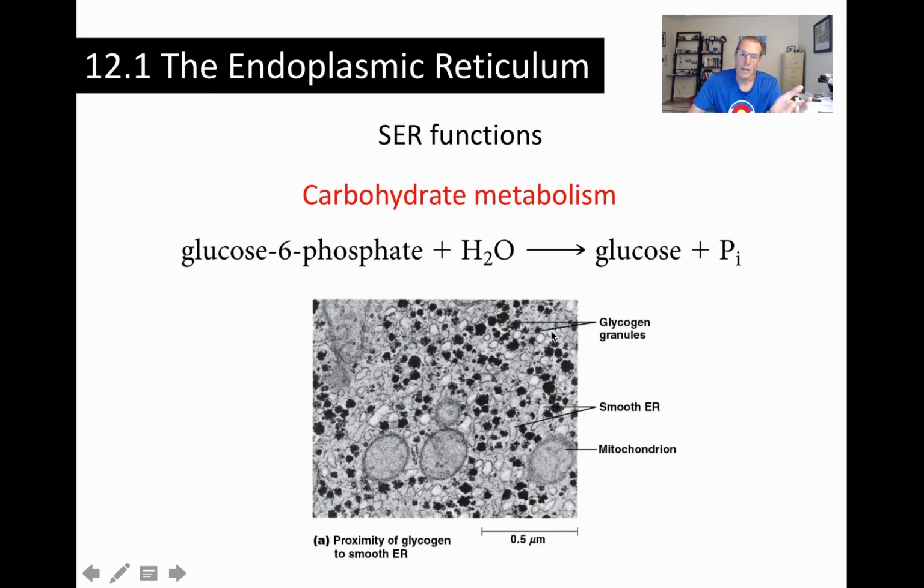So in liver cells, you'll see a decent amount of smooth endoplasmic reticulum and a lot of glycogen granules, and if the body needs glucose, then the liver can liberate that using glucose 6-phosphatase. You often see a close apposition of the glycogen granules to the smooth endoplasmic reticulum, and so there again there's a structure-function relationship.